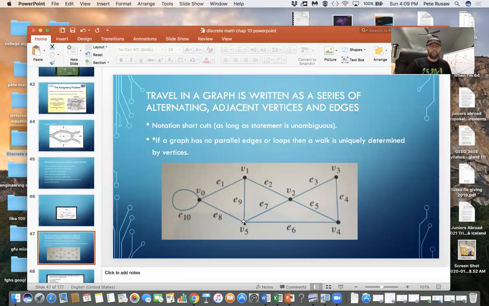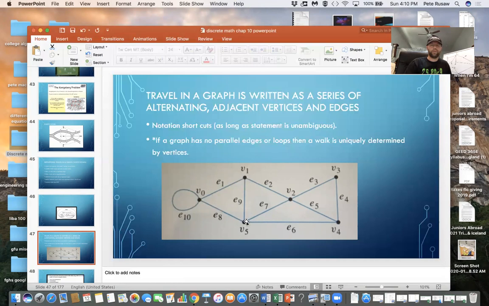However, if I wanted to go from like V5 to V0 and loop around back to V0 and then to V1, then I would have to either say V5 to E8 to V0 to E10 to V0 to E1 to V1. Because if I just said V5 to V0 to V1, maybe I took that loop and maybe I didn't.